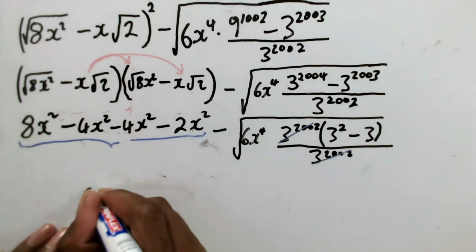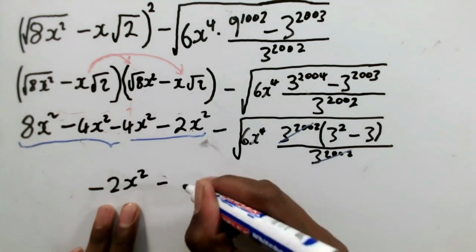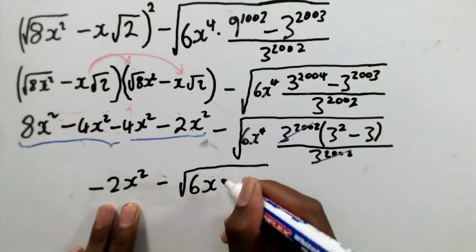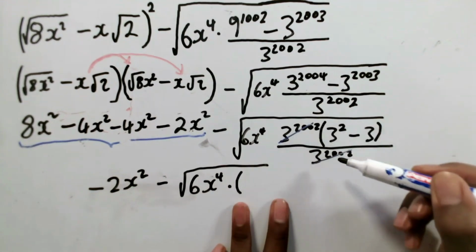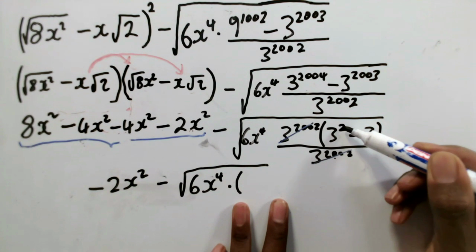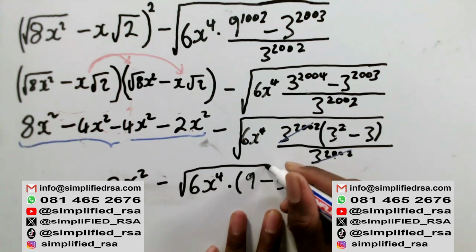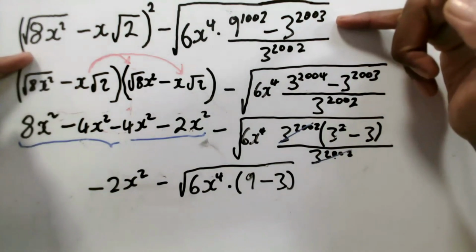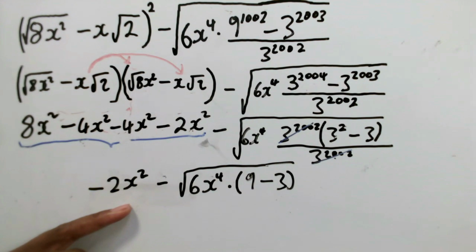So this side, we're just going to be having minus 2x squared that is left, minus square root of 6x to the exponent 4 times, now look at this. This one and this one are cancelled. We have 3 squared. 3 squared is the same as 9 minus 3. That's what we have. Now, we're breaking it down from the most complicated as it was, and now this is what we have here.